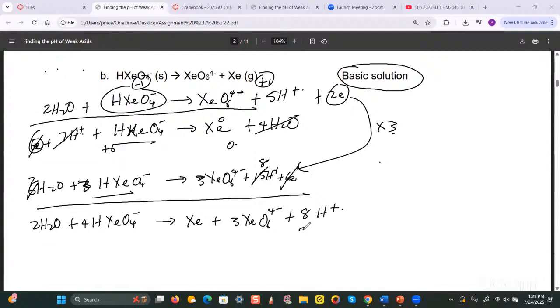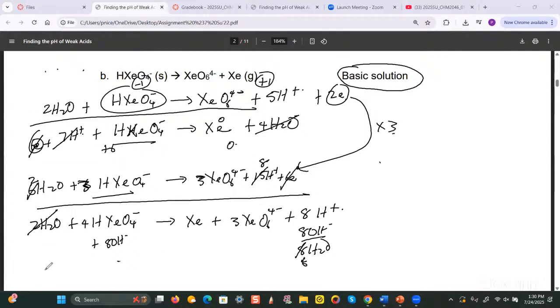So we add 8 hydroxide ions to both sides, but in this case here, the hydroxides will combine with H plus to form 8 H2O. And over here, you're gonna have plus 8 OH minus, right? And then what? You take the 2 H2Os and then subtract. Cancel the 2 with the 8 to leave behind 6, not 4.